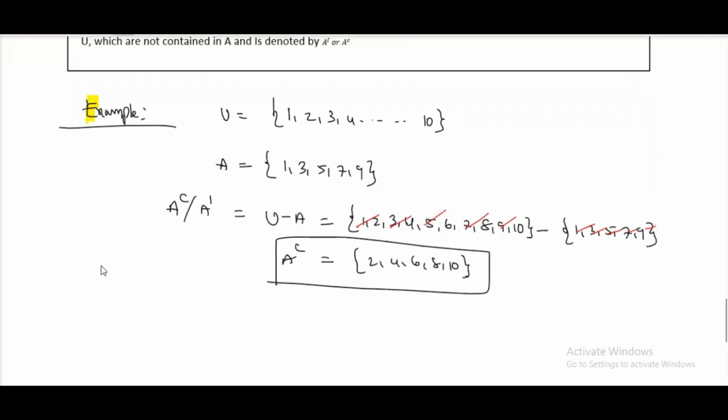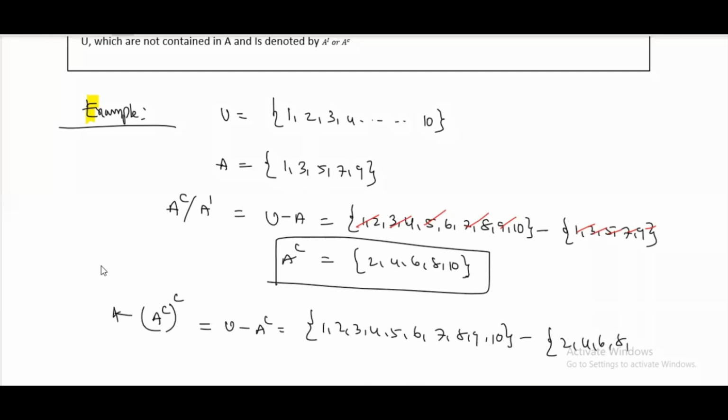For example, if I find the complement of a complement, meaning A complement whole complement, what I'll get is nothing but U minus A complement. So that means {1, 2, 3, 4, 5, 6, 7, 8, 9, 10} minus A complement, which is {2, 4, 6, 8, 10}.